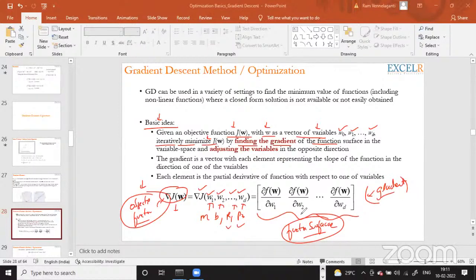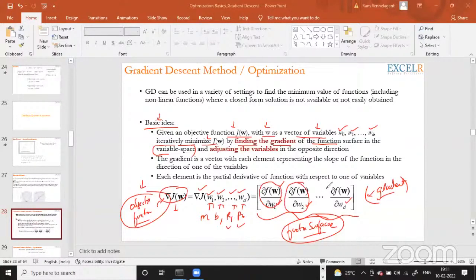Now what is the function surface? The function surface is nothing but the variable space. So our job is to understand each and every variable that you have in the variable space, and to differentiate your overall cost function with respect to each and every variable.